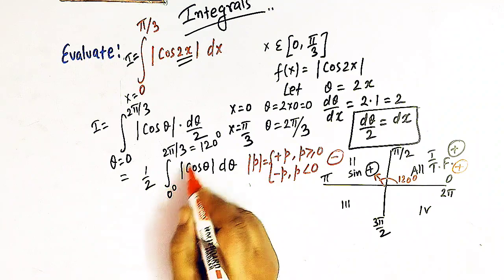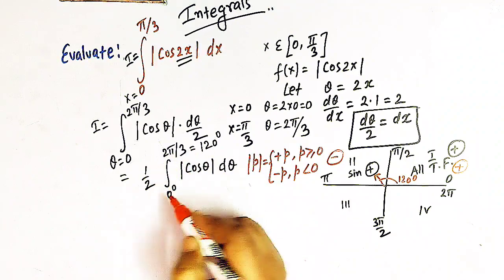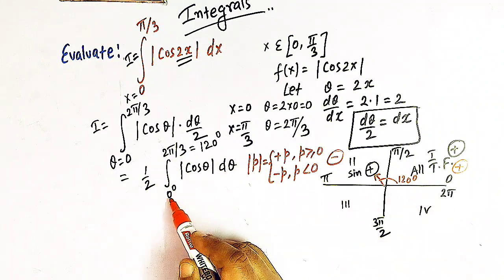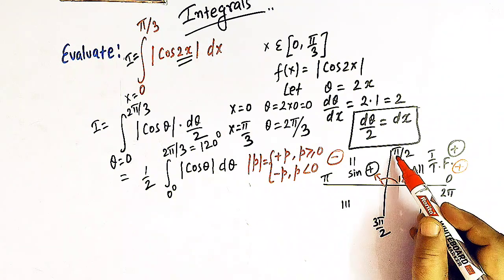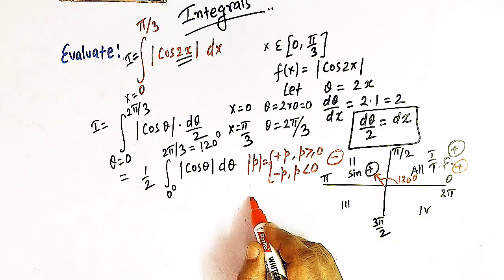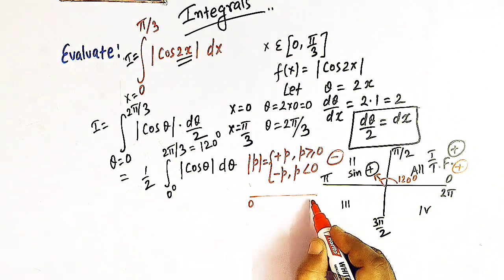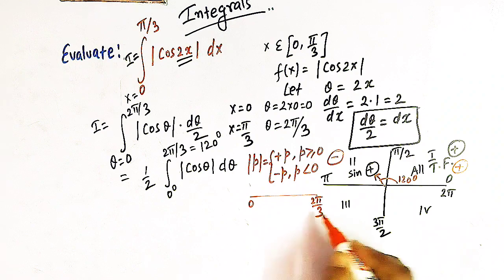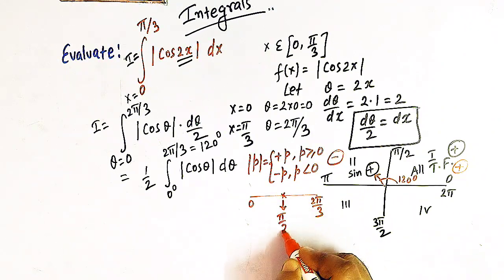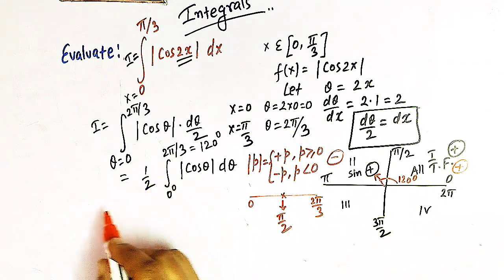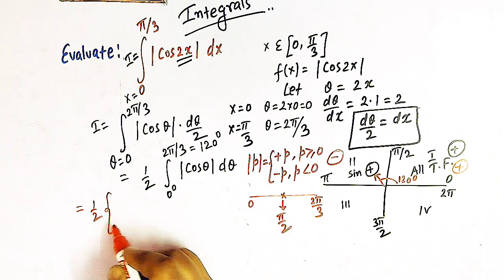So now we can break the limit 0 to 2 pi by 3 at the point pi by 2. Here we have 0, here we have 2 pi by 3, and we break it at pi by 2. So we'll write this integral as a sum of two integrals.